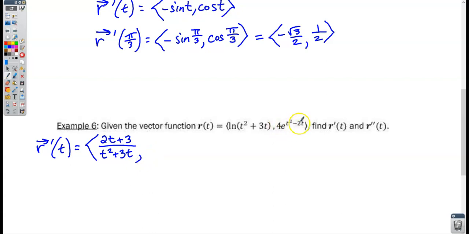And then the derivative of this, I've got a constant multiple 4, and then I'm going to apply the chain rule to this. So it's going to be 4 times the derivative of the exponent, which is 2t minus 2, times e to the t squared minus 2t.